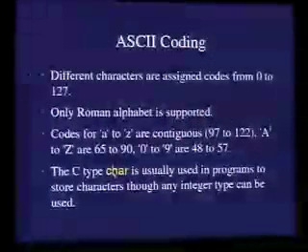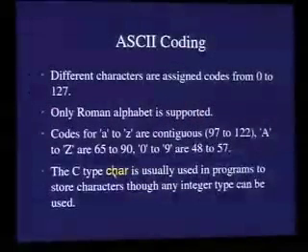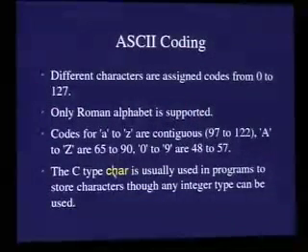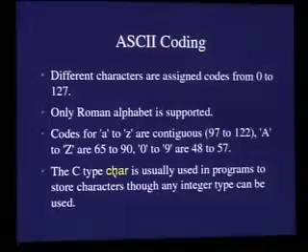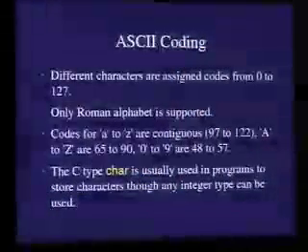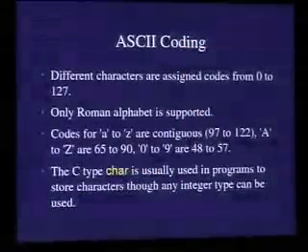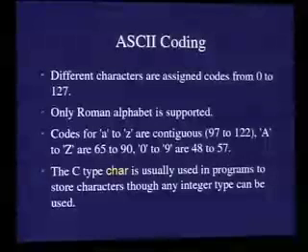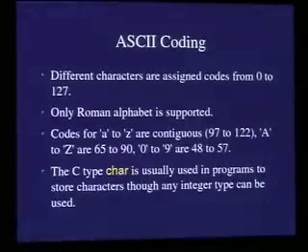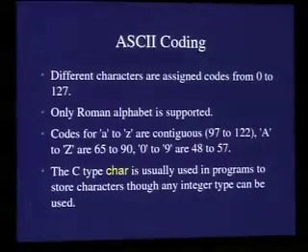The C type char, which we have already visited in the last lecture, is usually used in programs to store characters that we might be reading from the input, or manipulating. The reason for using the type char is that it is an integer type for which exactly 1 byte is used for storage, which means that numbers from minus 128 to plus 127 can be represented.